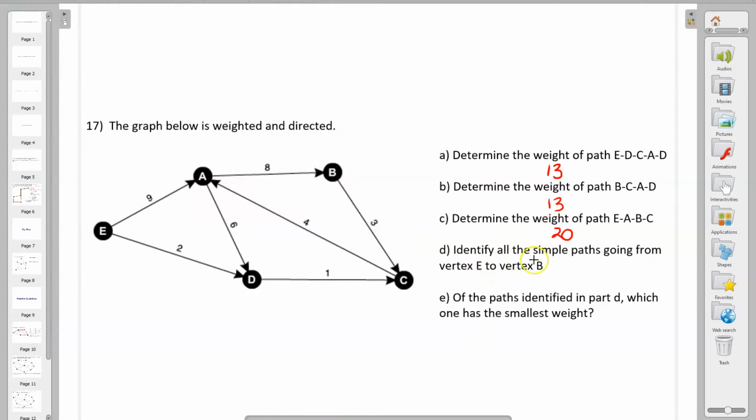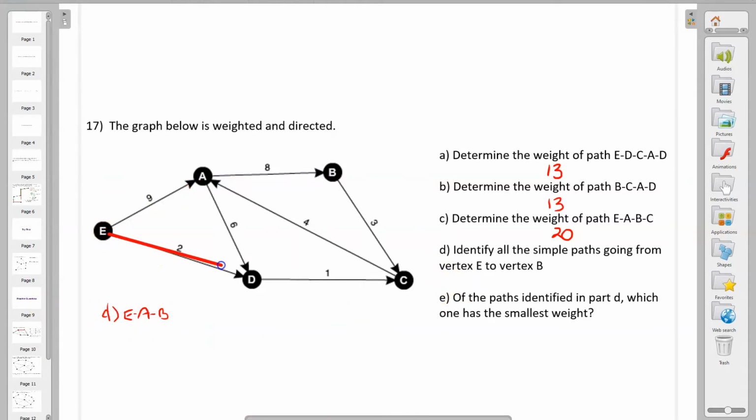We're asked to identify all the simple paths going from vertex E to vertex B. So we can see from vertex E there are two directions to start, and we want to end up at vertex B. So let's see, the most obvious seems to be if we go from E to A and from A to B. So one path.